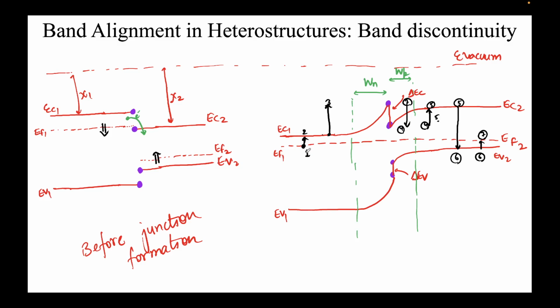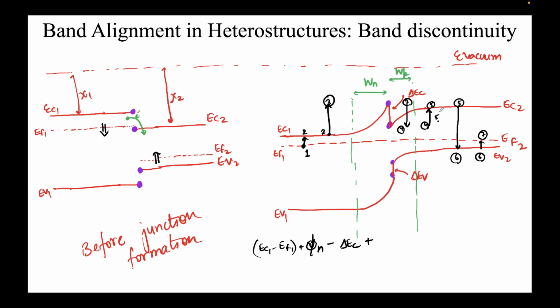So let's write this transition from 1 to 2. How much energy are you gaining? EC1 minus EF1. This is the gain in energy, plus phi n, the built-in potential on the n side, when we go from level 2 to level 3, minus delta EC, this jump, because we are coming down, hence the minus, and then we reach position 4.